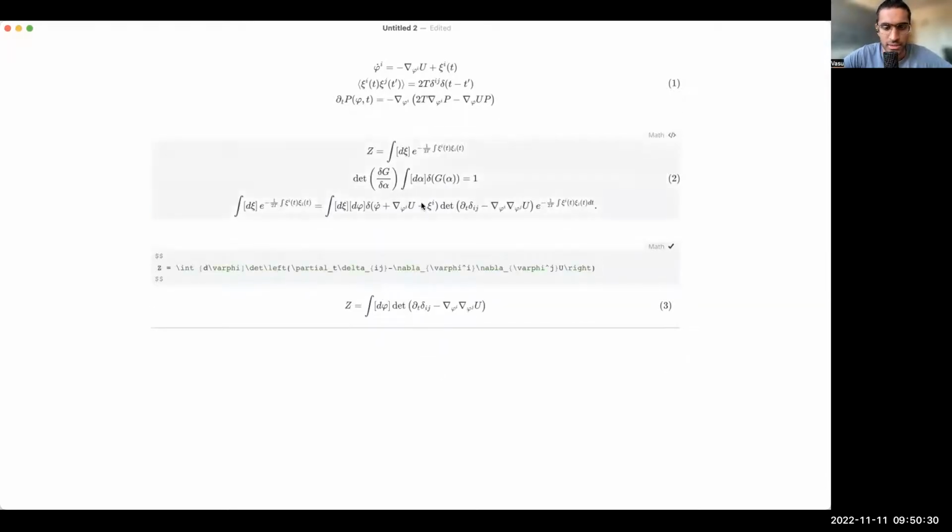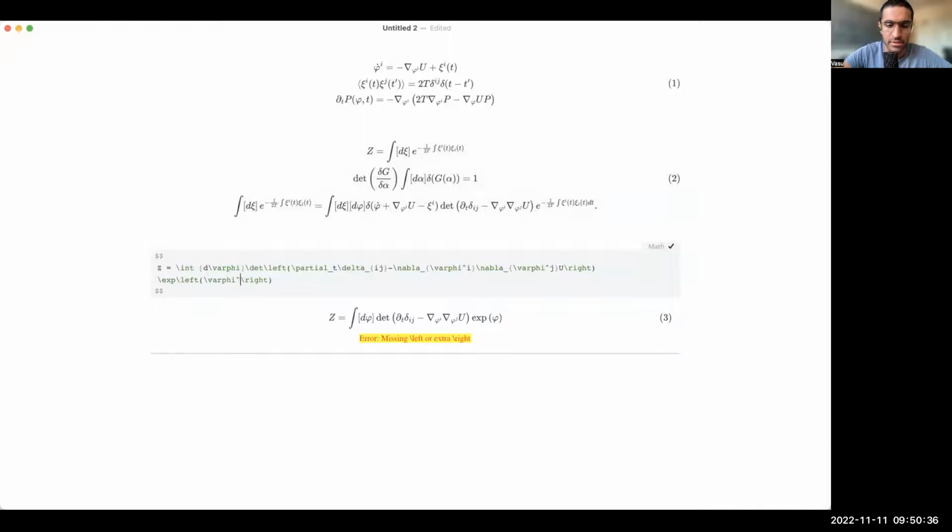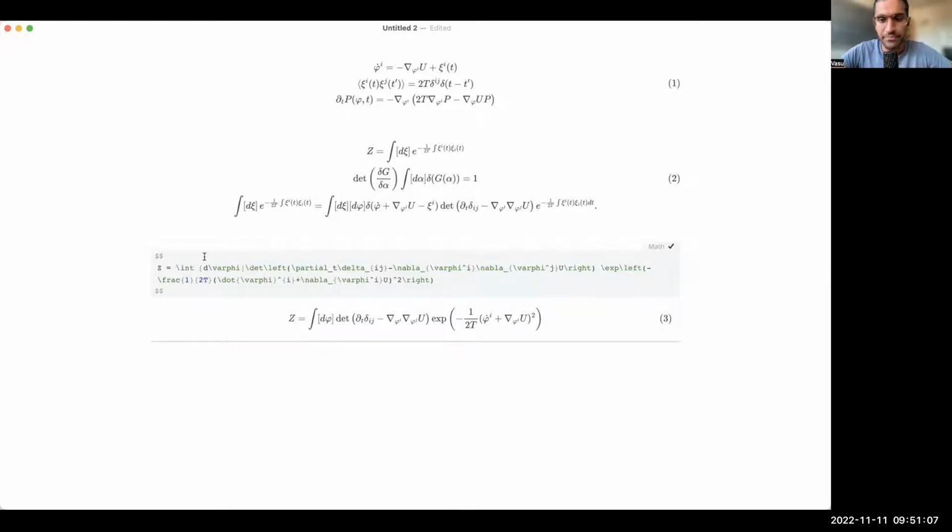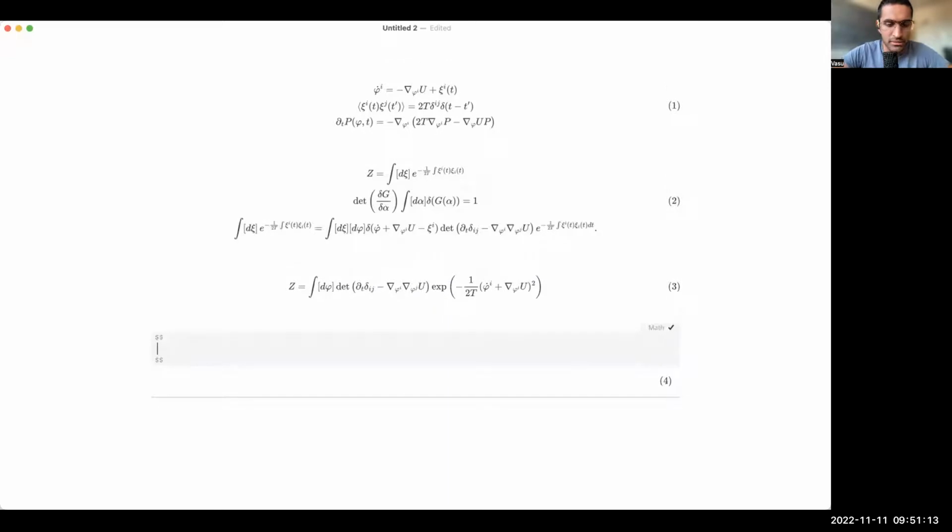And we're going to see that we have the exponential of minus 1 over 2t times the squared quantity, phi dot i plus nabla i u, squared.